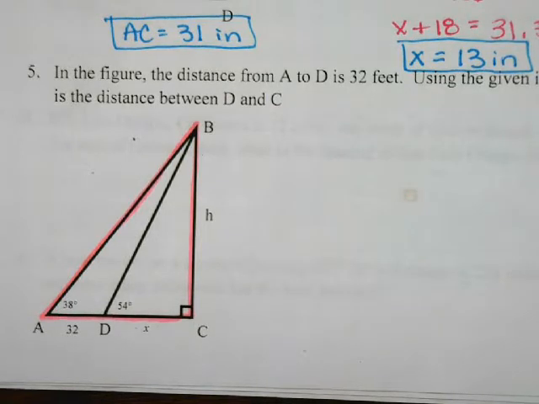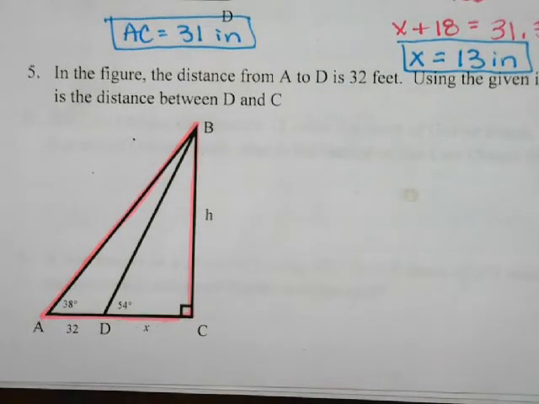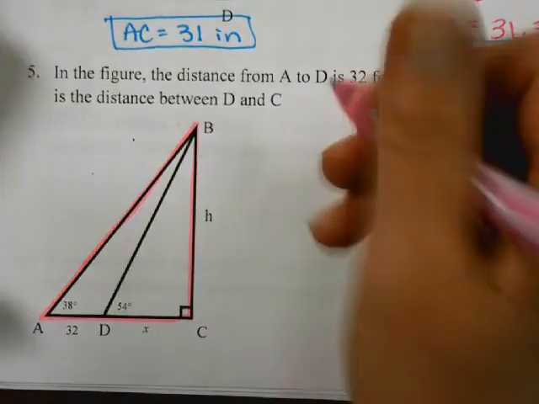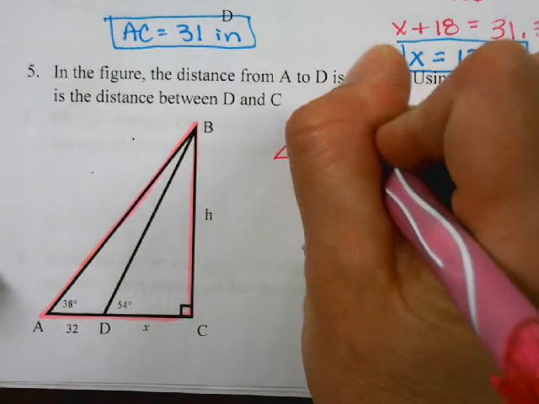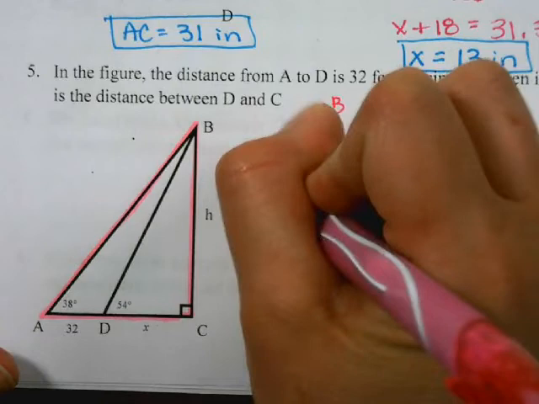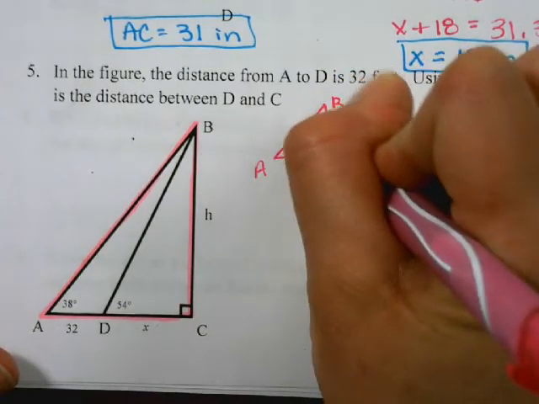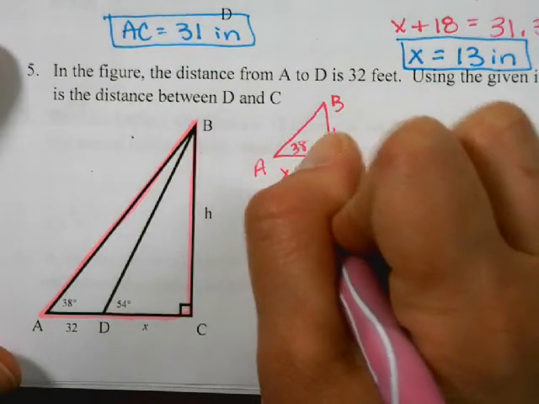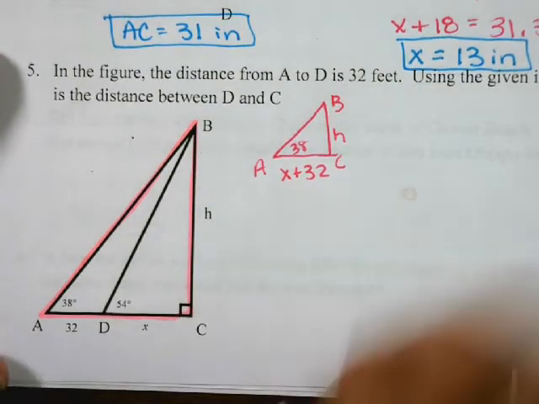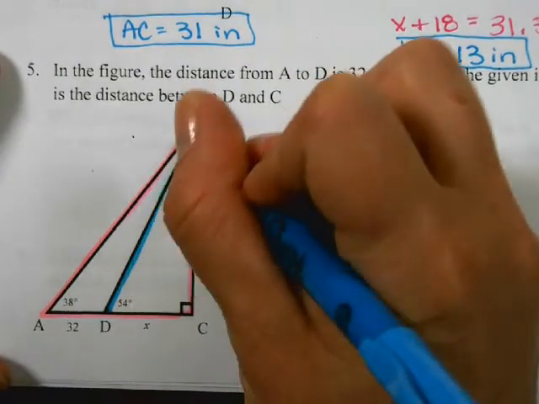So essentially what we have is two triangles, right? We've got the big one, and he's pink. That's really what I was trying to do. This guy's B, C, A, 38, H, and X plus 32. And then I have this smaller triangle here.